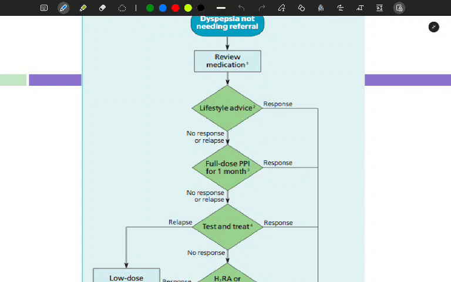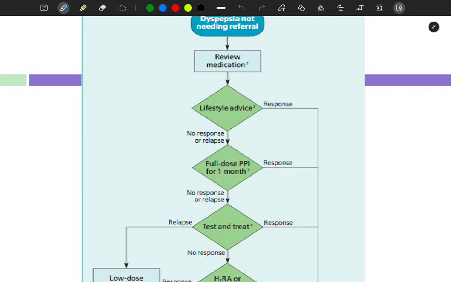They will do all of these before they refer, because the waiting time is often months. It might take 9 to 10 months to see a consultant. So you have to do something for the patient before you refer. Next.